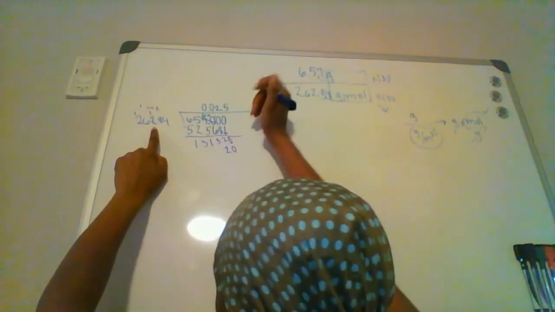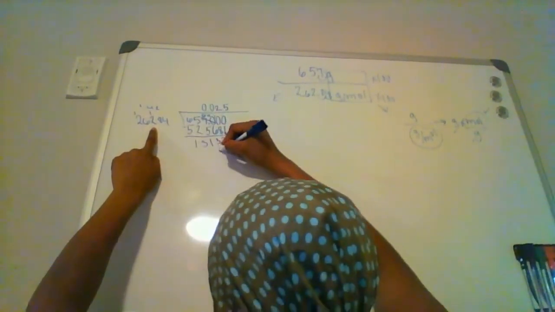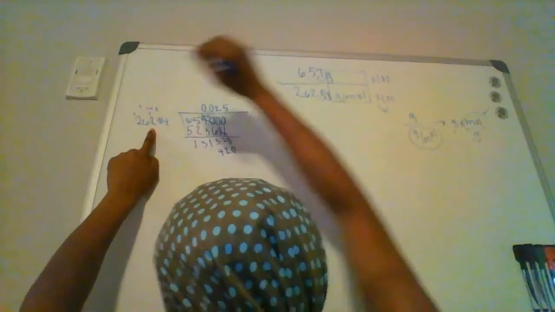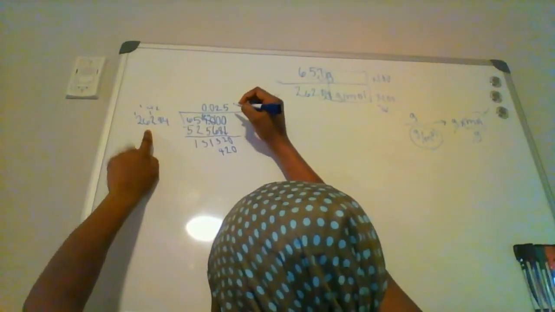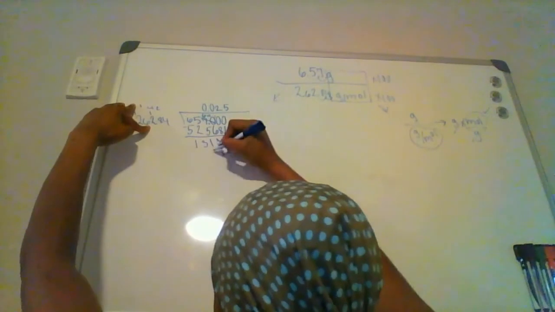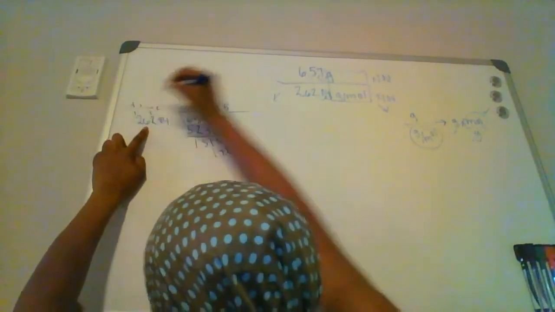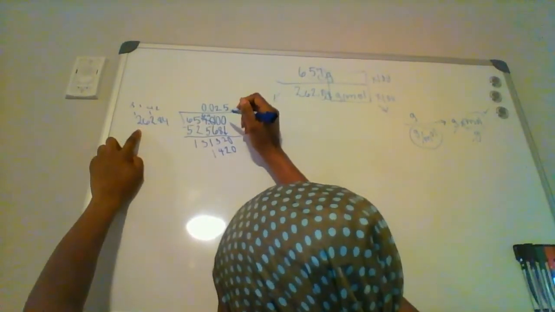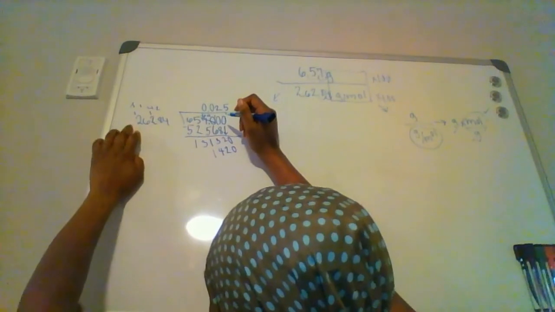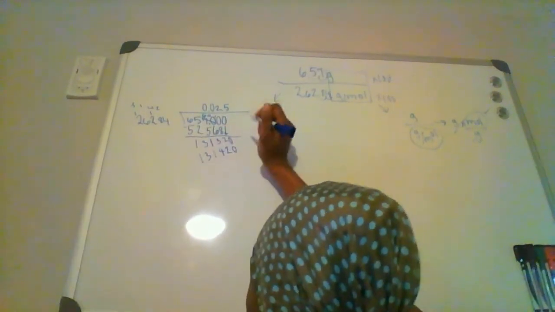Actually, 5 times 2 is 10 plus 4 is going to give us 14. The 1 has been carried already. 5 times 6 is 30 plus 1 is going to give us 31. Write the 1, carry the 3. And 5 times 2 gives us 10 plus 3 gives us 13.